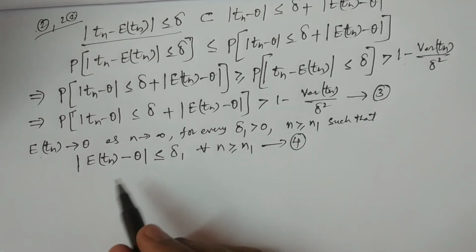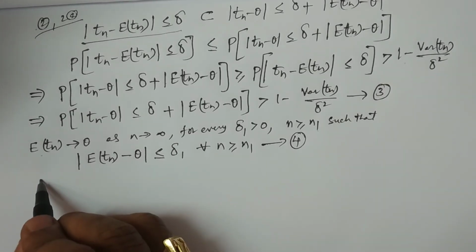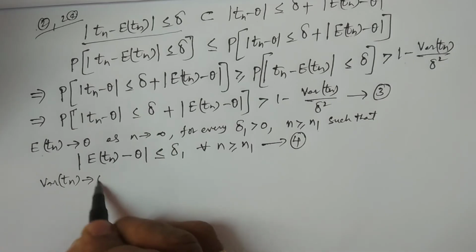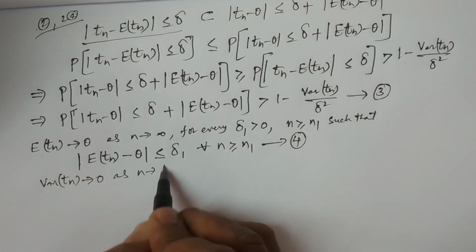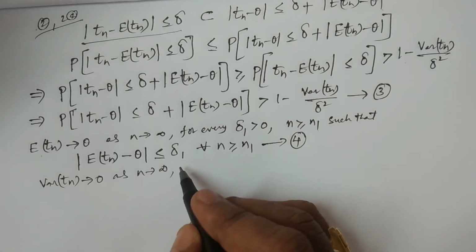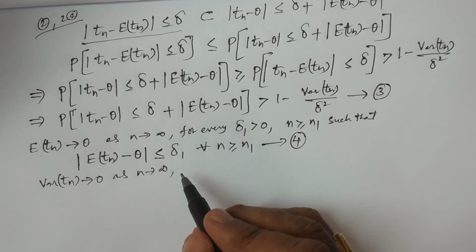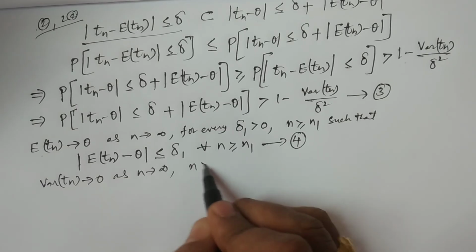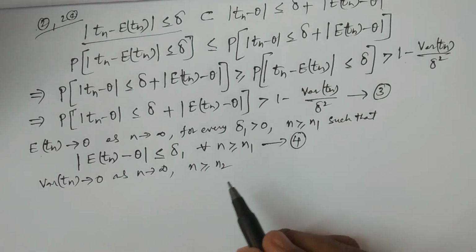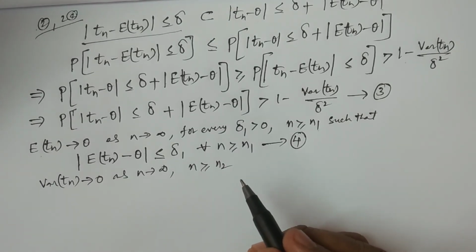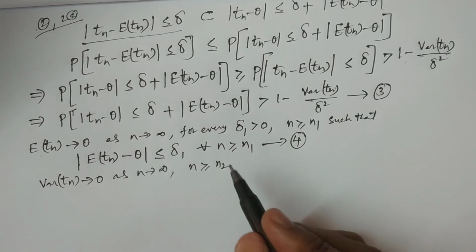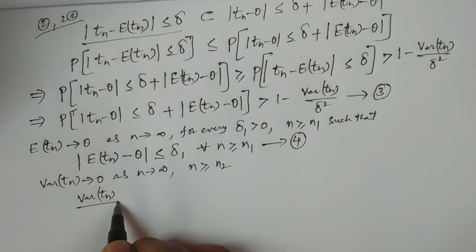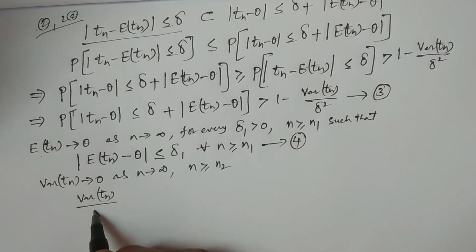Now consider the second result. It was also specified that the variance of Tn tends to 0 as n tends to infinity. For this I am considering n greater than or equal to n2. For every n greater than or equal to n2, the variance of Tn divided by, let it be, delta square.